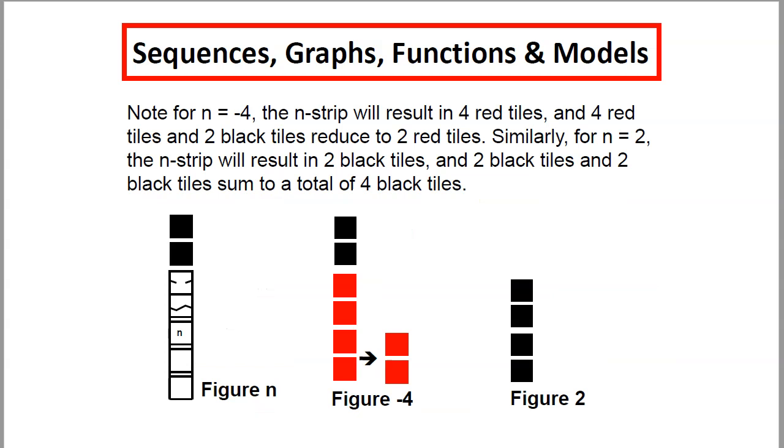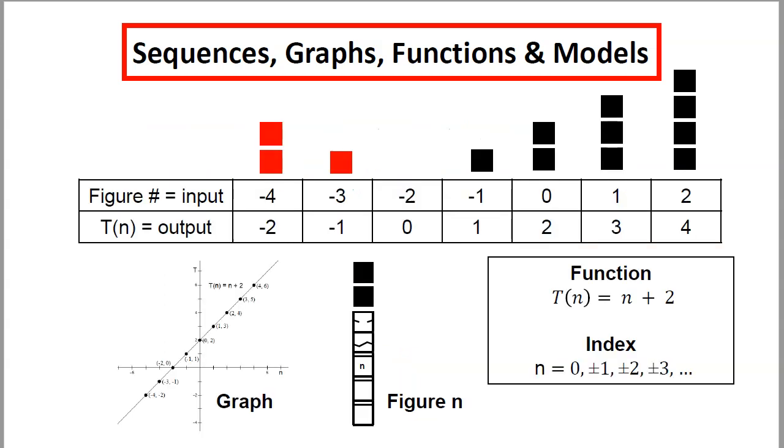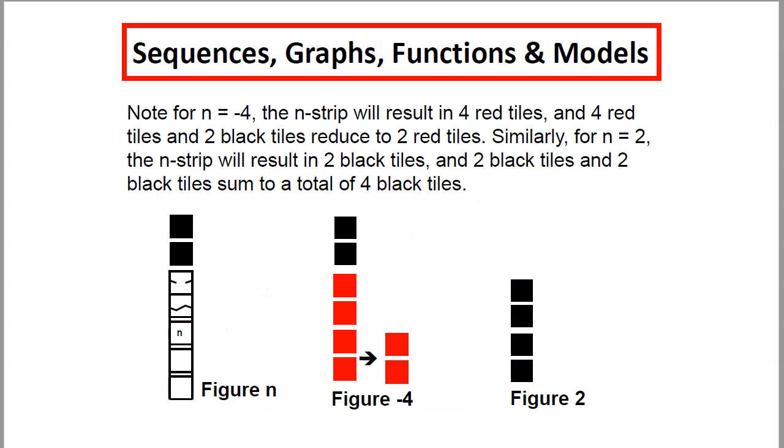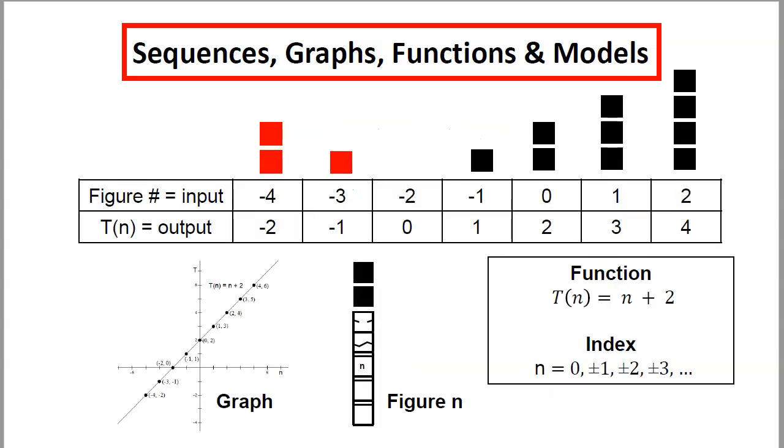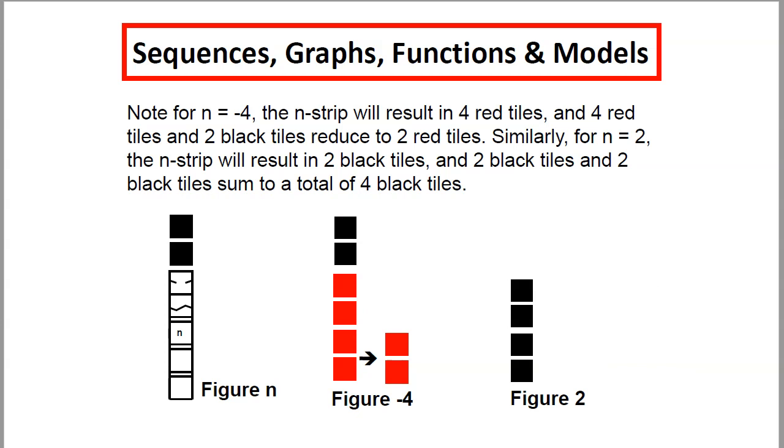If we had figure -4, the white end strip would be 4 red tiles. 4 red tiles and 2 black tiles reduces to 2 red tiles, which matches our sequence. On the other hand, for figure 2, the white end strip would be 2 black tiles, and 2 black tiles plus 2 black tiles is 4 black tiles, which matches.